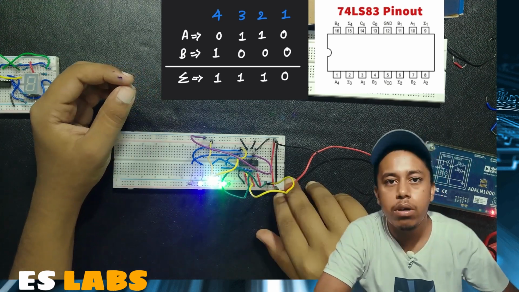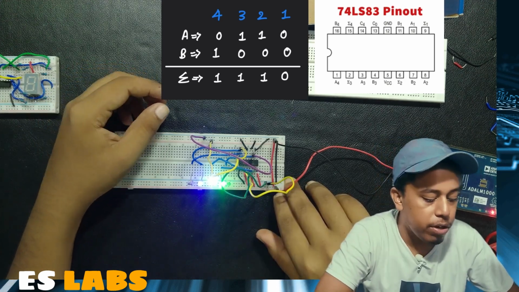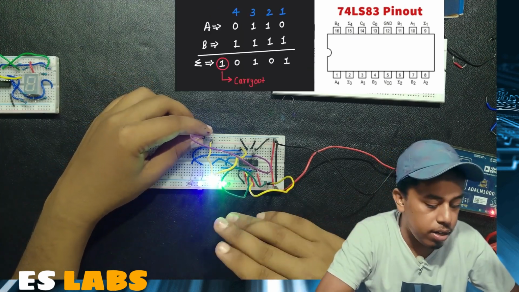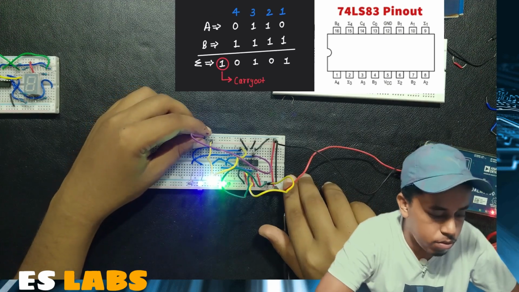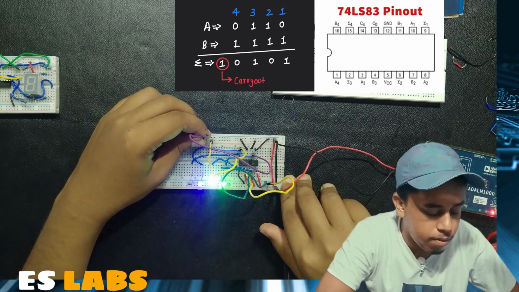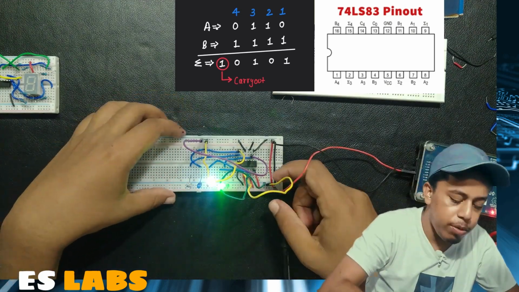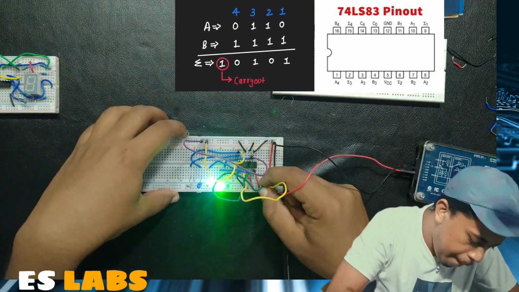Now we give input of B equal to 15 and see what this is showing. For that, we connect all of B1, B2, B3 and B4 to 1.